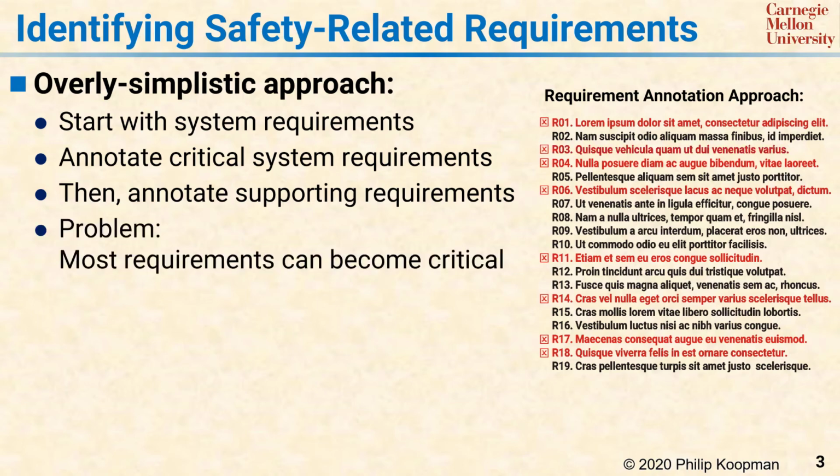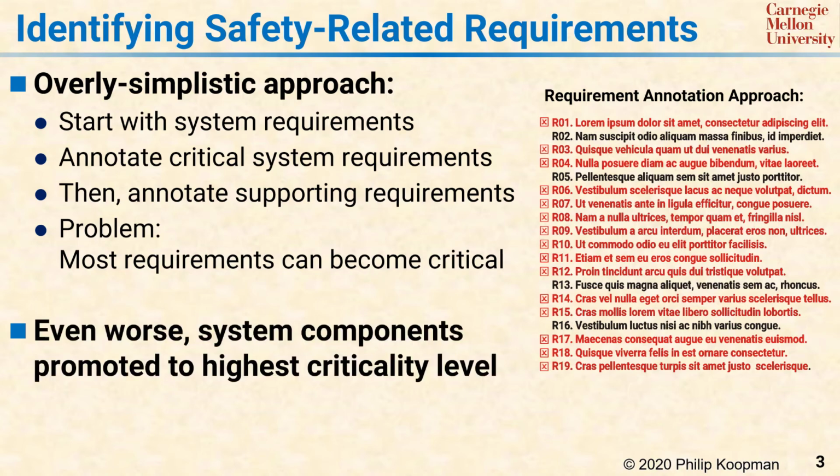The problem is that by the time you've peeled back all the layers of supporting requirements, it is common to find out that most, or perhaps even all, of the requirements in your system have been tagged as red, and they're all safety critical. Even worse, if you have, say, 20 normal requirements and one safety requirement allocated to a module, that whole module has to be safety critical, including all the software to implement the non-safety requirements.